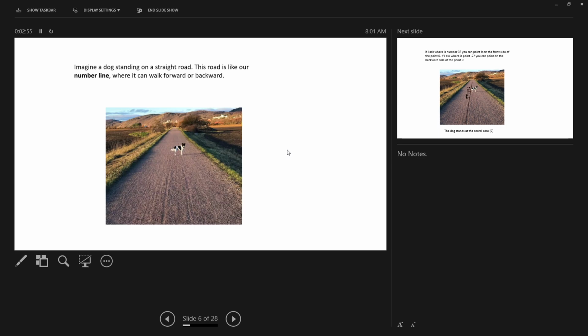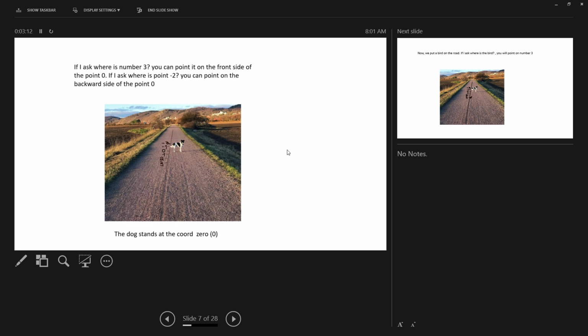So imagine a dog standing on a straight road. This road is like our number line, where it can walk forward or backward. Now we attach the line coordinate system to the road, as you can see in the image.